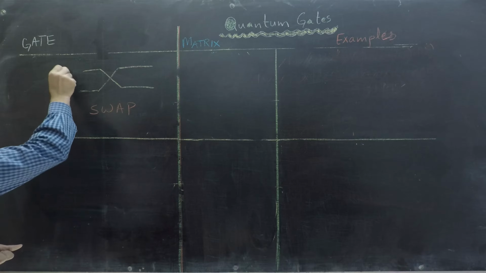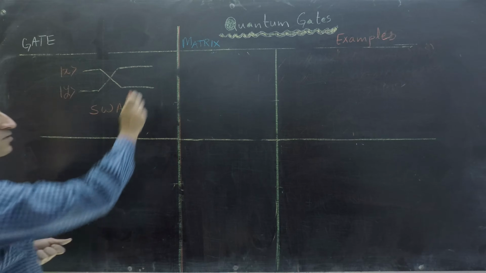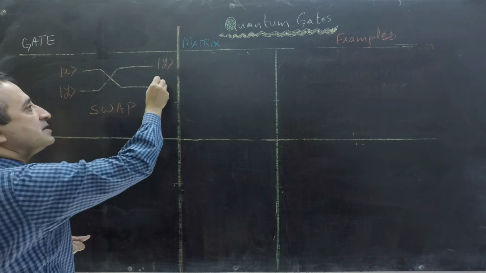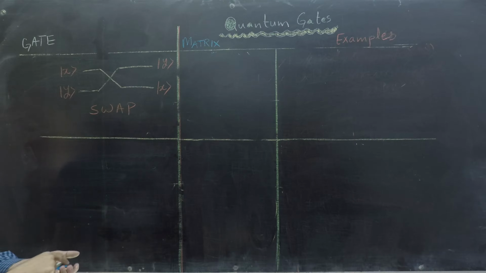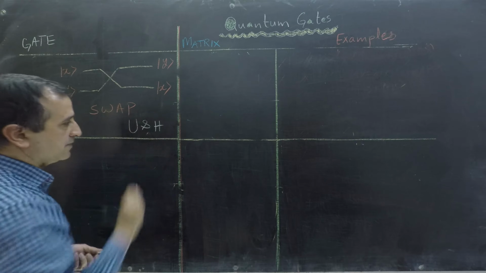So if my input is ket x here and if my input is ket y here, then on the output my output will be ket y and ket x. This gate is unitary and Hermitian.